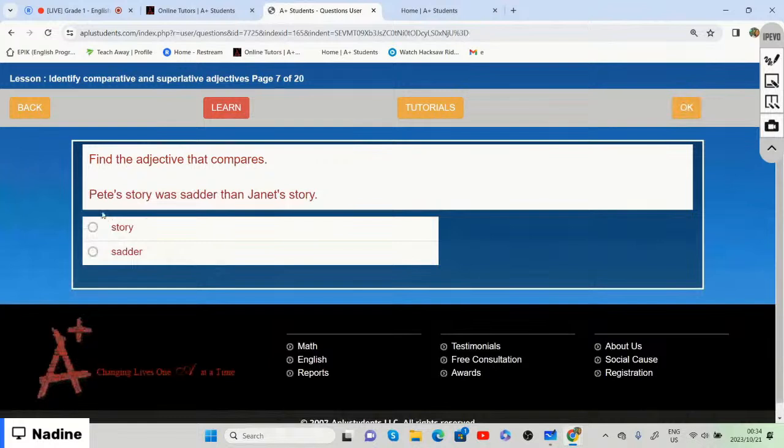So Pete's story was sadder than Janet's story. Biggest is true, as well as lighter.